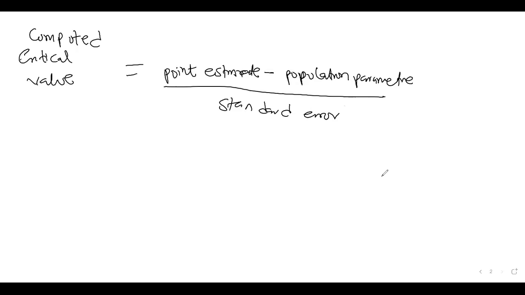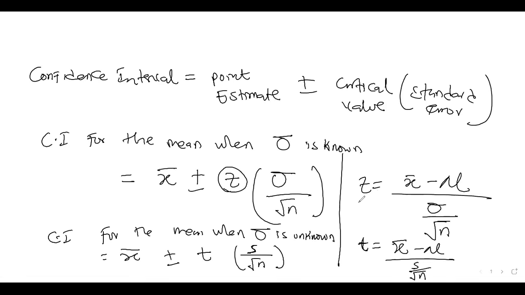That is the reason why, if you want to compute the z value of a mean when the population standard deviation is known, that z value will be equal to the point estimate, the sample mean, minus the population parameter, the population mean, over the standard error. Then when the standard deviation is unknown, the t will be equal to the sample mean minus the population mean, over the standard error, which is down here.